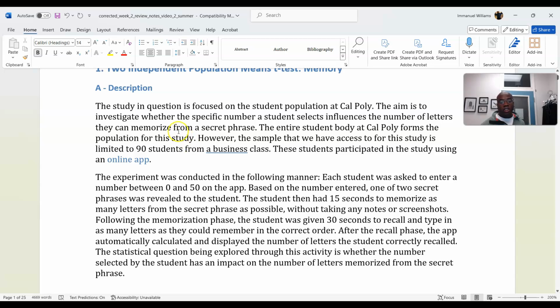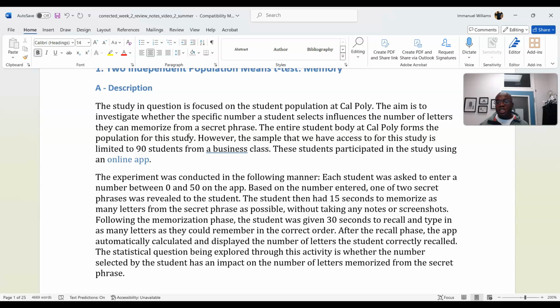The statistical question being explored through this activity is whether the number selected by the student has an impact on the number of letters memorized from the secret phrase. The idea here is that they're essentially getting either a phrase where the letters were all in order, which was even, or a random ordering of letters, which was odd.